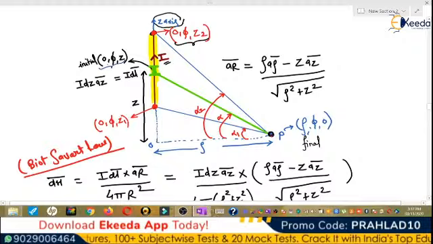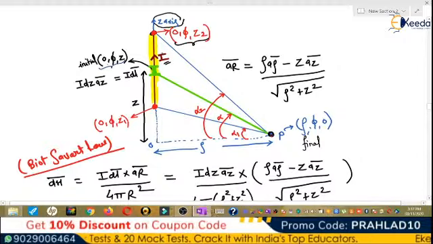So the coordinates of the lower point is (0, 5, z1) and the coordinates of the upper point is (0, 5, z2).